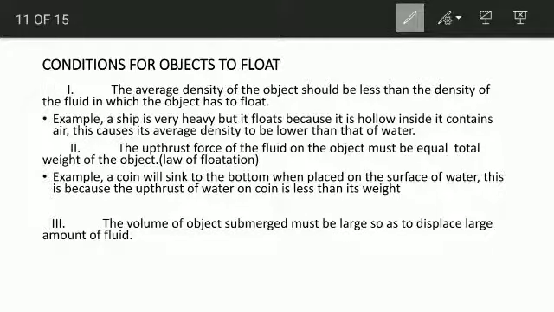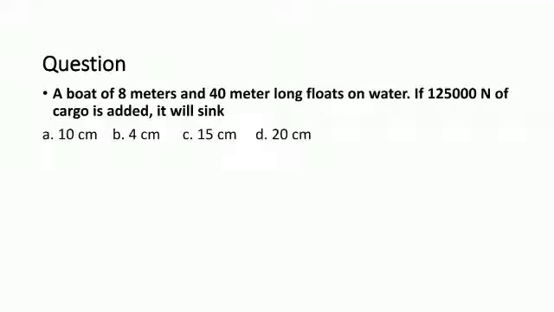Thirdly, the volume of the object submerged must be large so as to displace large amounts of fluid. Another example here is the ship: the hollow makes it displace water equal to its own weight. The volume must be large so as to displace large amounts of fluid.